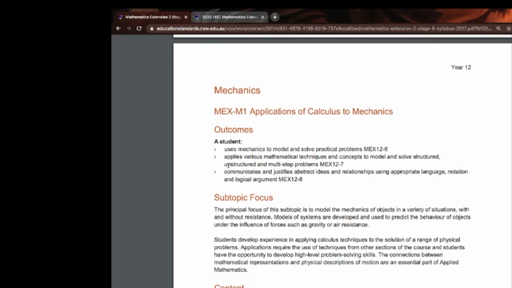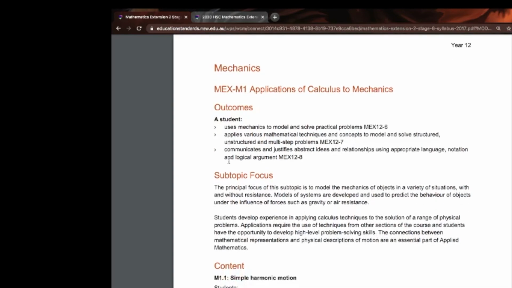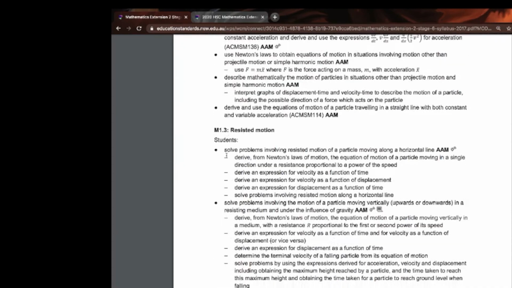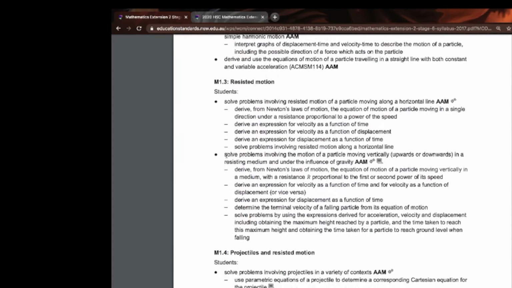In Extension 1, you will study projectile motion, which ignores air resistance or any other form of friction. However, in Extension 2, we will be able to model resisted motion. This is really fun, and it encapsulates various parts of mathematics such as differential equations, integration, trig, and other forms.